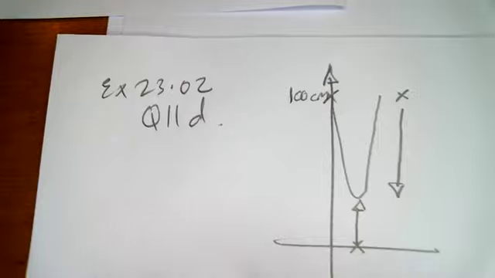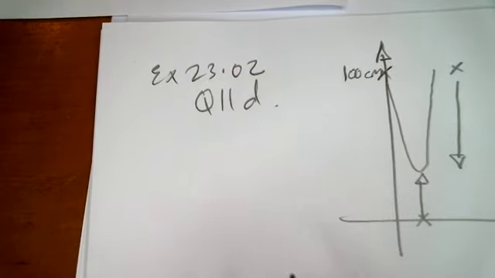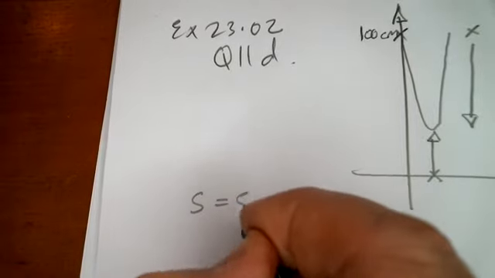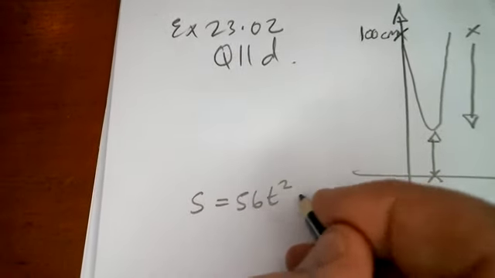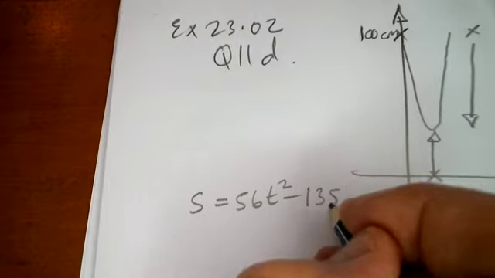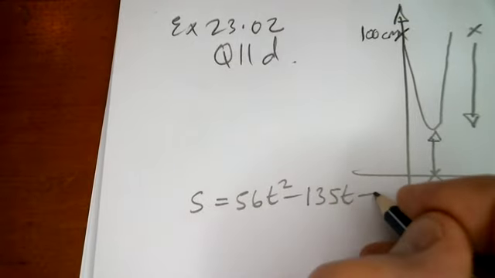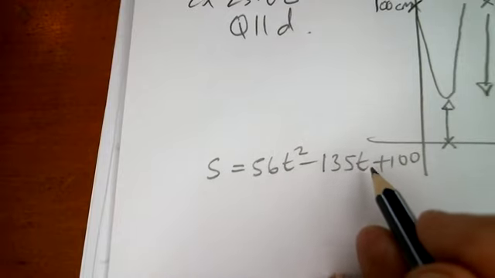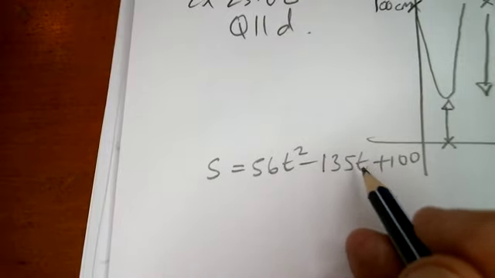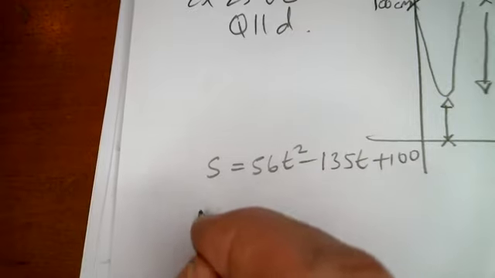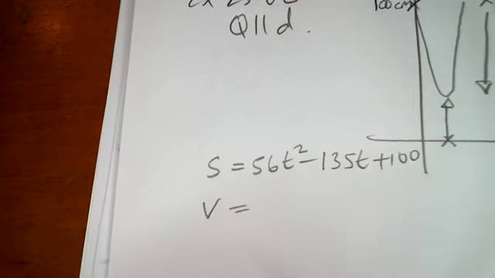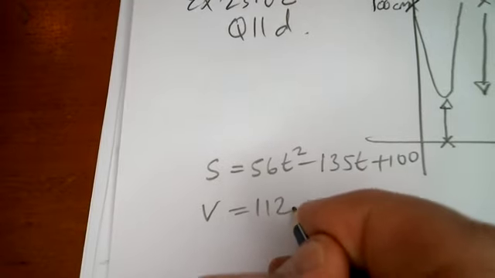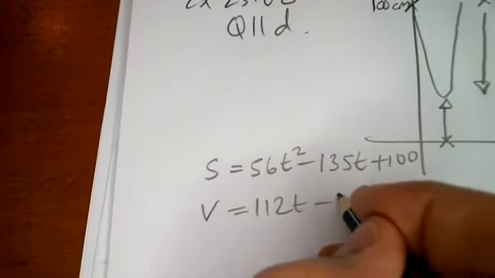So let's take a look, because we actually know the equation: S is equal to 56t squared, minus 135t, plus 100. Sorry, I'm having to read this off another page. Now, if we differentiate that, as we did before, we get the gradient function, which is also the velocity equation: 112t minus 135.